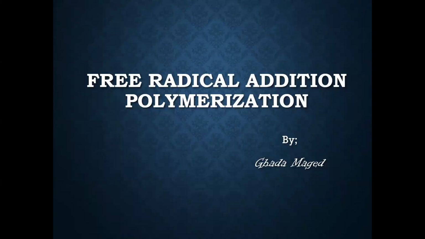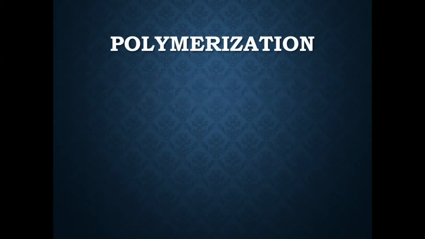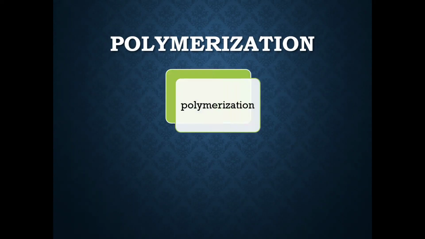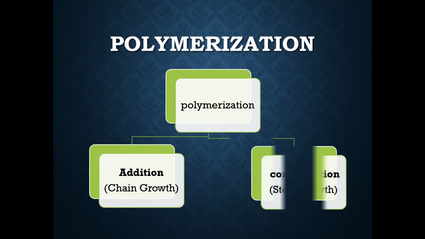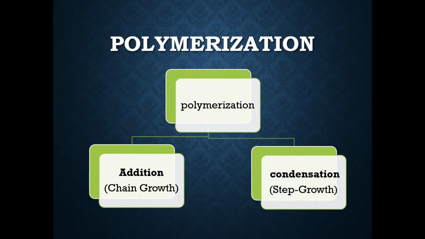Hi everybody, let's talk more about the free radical addition polymerization. I want first to remind you that polymerization is a chemical reaction to form a polymer, and this can be by two main mechanisms, which can be addition or chain growth and condensation.